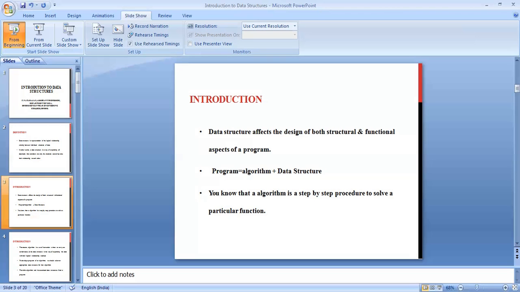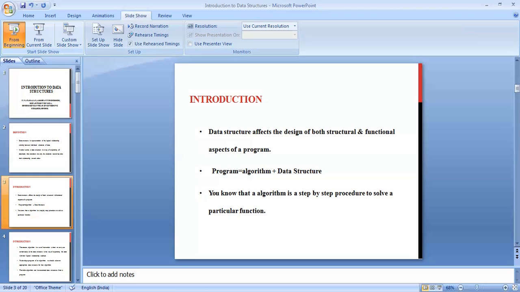And we also have some non-primitives. The non-primitive data structure is divided into two subtypes: linear list and non-linear list. Under the linear list, array, linked list, stack and queue are there, so the linear list is divided into four.